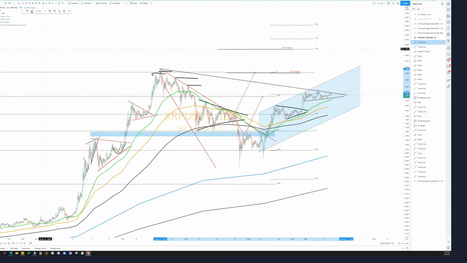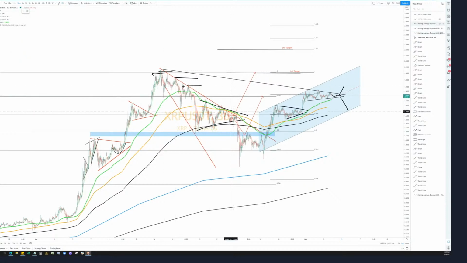So price gets to this midpoint, and it's going to either go up or down. And I would trade that breakout for XRP, and then that fits into the big picture of a bullish structure.